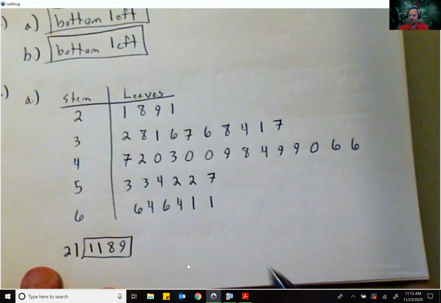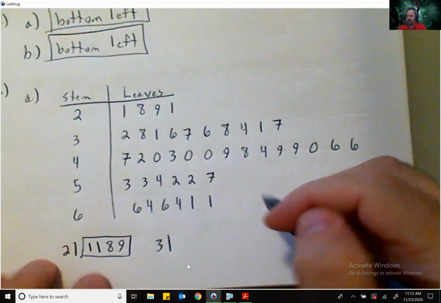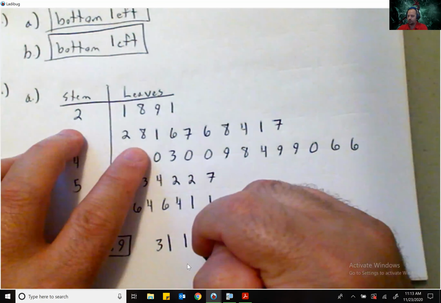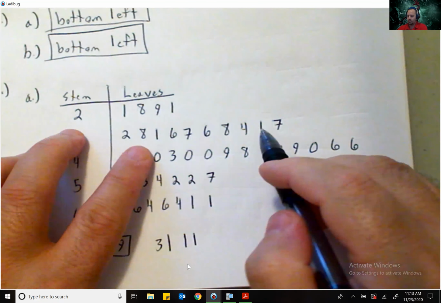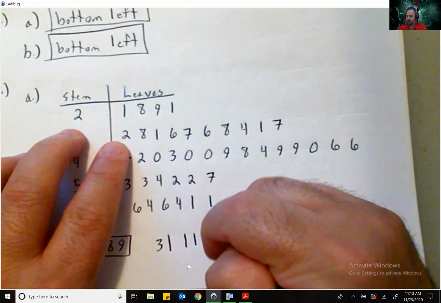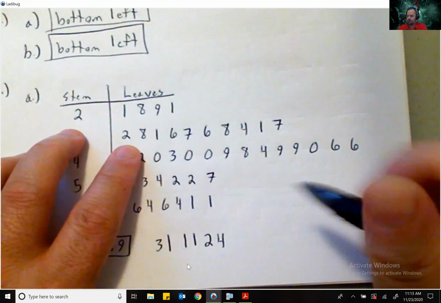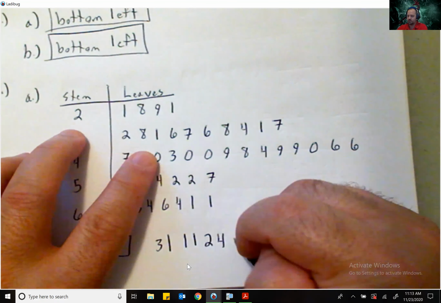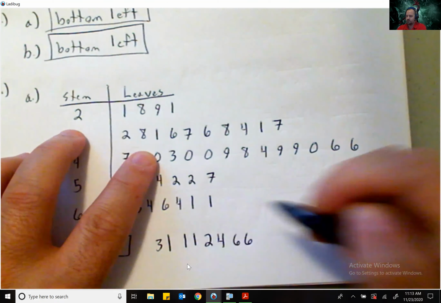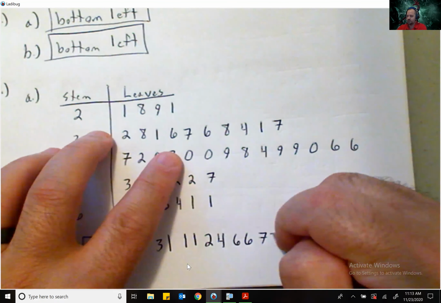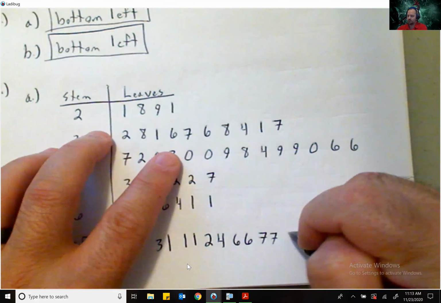You should always double check that too. For the 3s, you should have 1, 1, a 2, 3, but 1, 4, no 5s, 2 6s, 2 7s, and an 8.